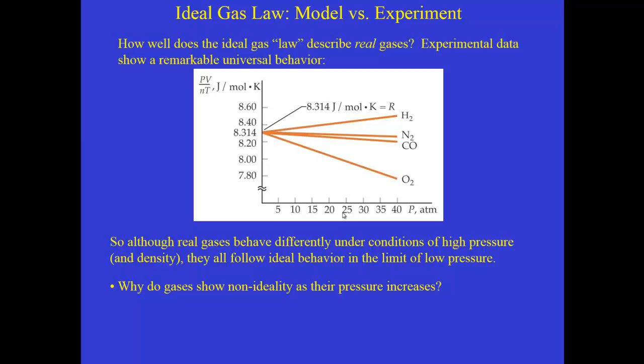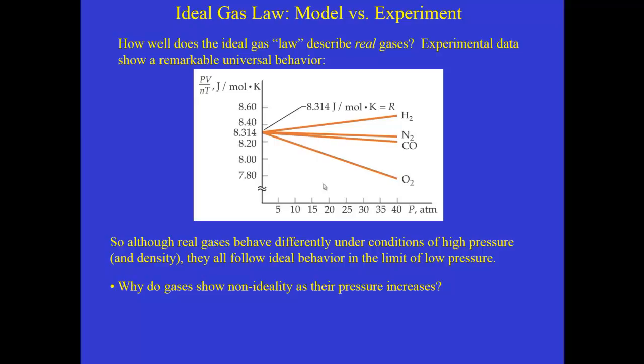There's a couple of different reasons, but the simplest one I've already kind of alluded to, and that is that when gases are compressed to a higher pressure, then there's a greater likelihood of the gas molecules interacting with one another. The system becomes more dense, and so it turns out that gas molecules, when they get very, very close together, actually have an attractive interaction with one another, and that's going to change the way that they behave.